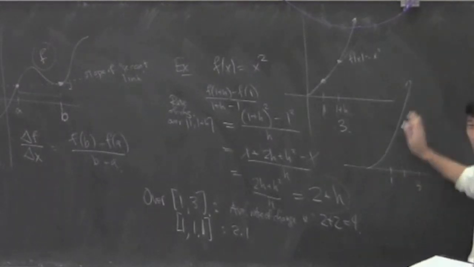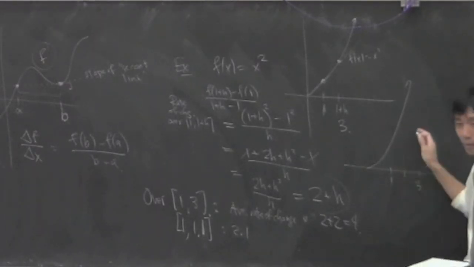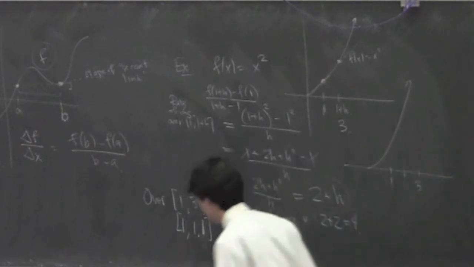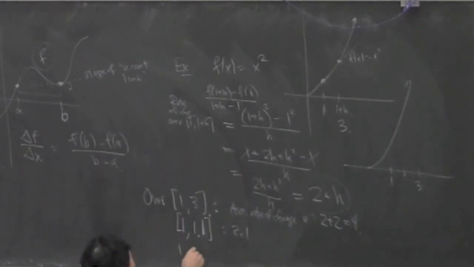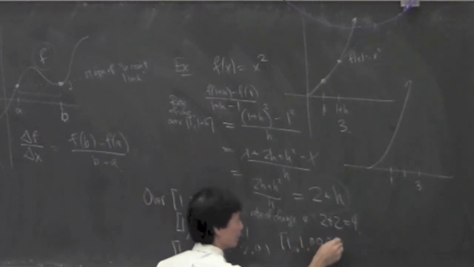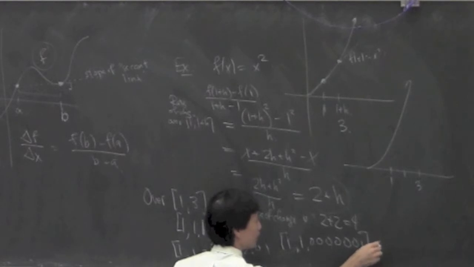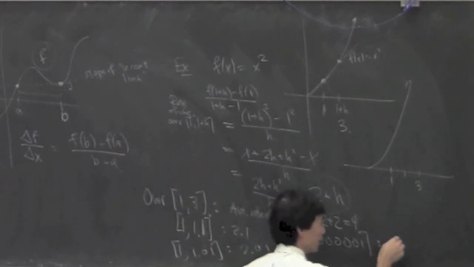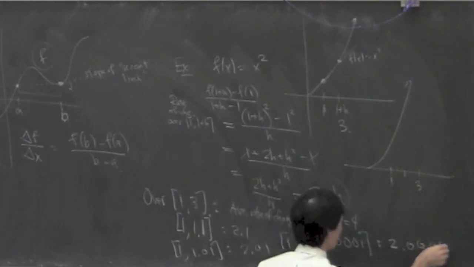What about over 1 comma 1.01, what's the rate of change? 2.01. What about 1 comma 1.00000001? The rate of change is 2.000.